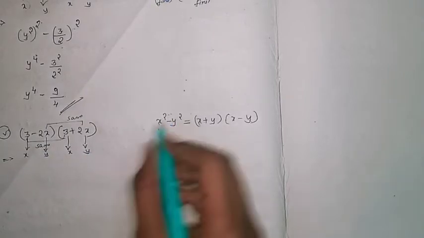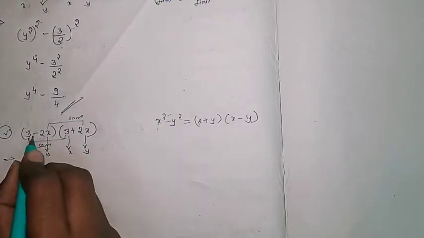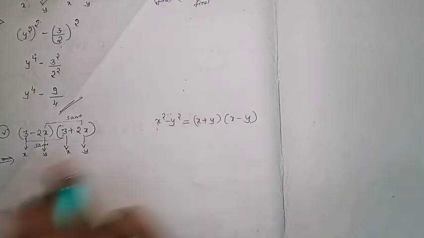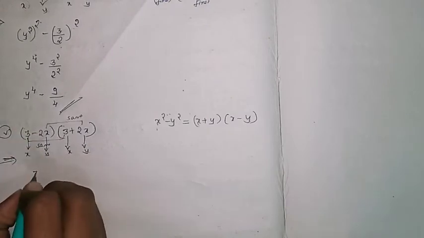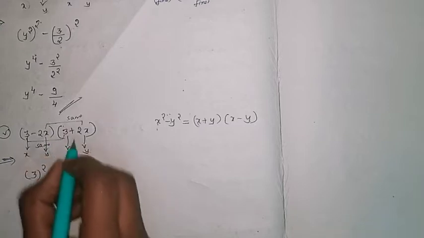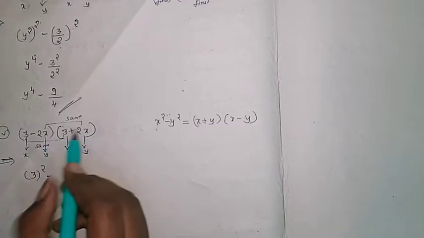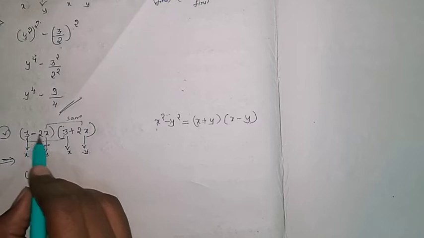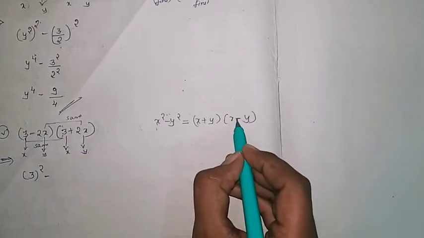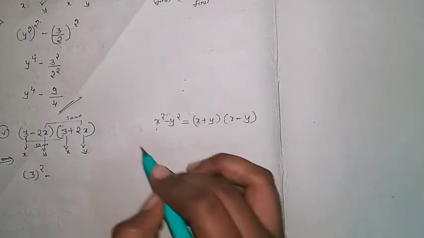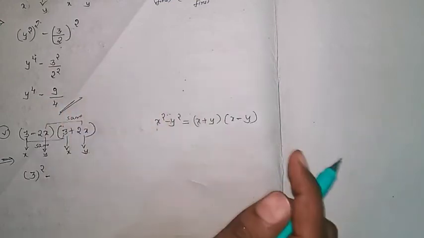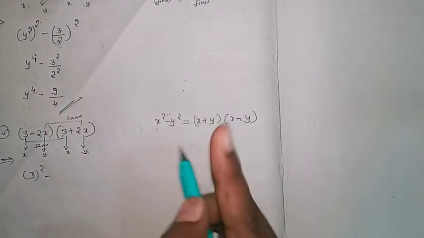What are you doing? X square term. So x here is 3, you can observe the x value is 3. By using this identity, we can write this as 3 square minus y square, where y here is 2x. Don't get confused that minus is there, ma'am, why are we not considering it? Because in the formula we have minus. If in the formula we don't have minus, then we can add in the bracket, as we have solved previously.